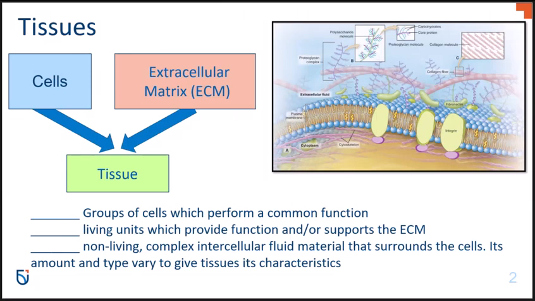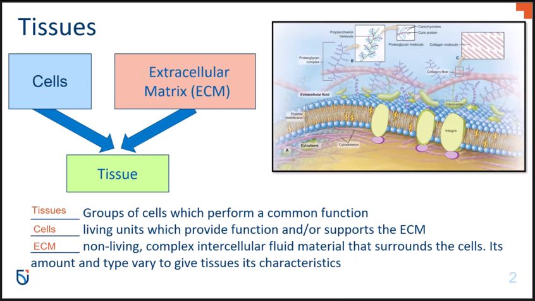Now, tissues are composed of cells, we know, but they're also composed of something called extracellular matrix. So let's have a look at the brief definition of these three terms. The first one being cells. Cells, they're living units and they're going to provide a very specific function, but they also can support the extracellular matrix. Tissues, we know, are groups of cells that are going to perform a common function.